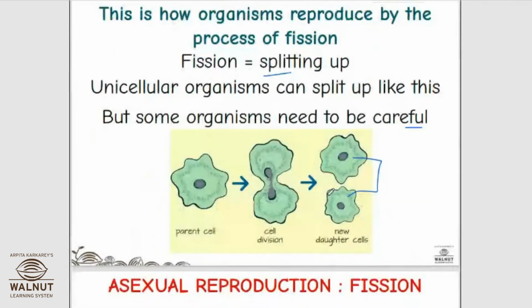Did you see how it was happening in amoeba? Earlier also I explained. First the nucleus divides. As amoeba is irregular in shape, it can divide any way. Amoeba is not regular. So first the nucleus is dividing and it can separate in any way and form two cells.